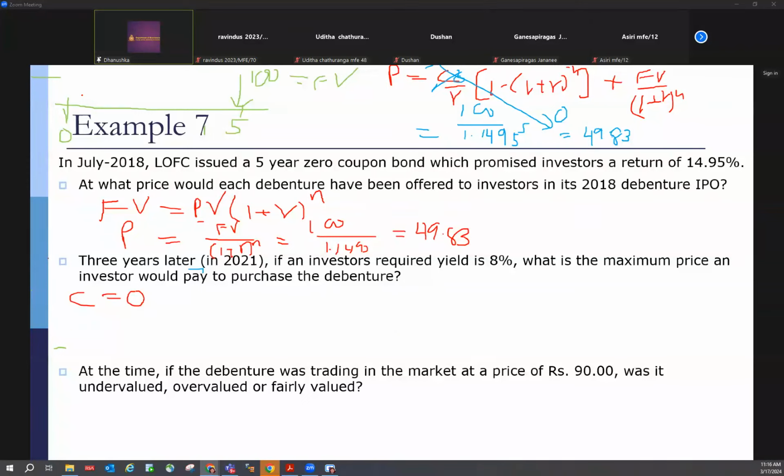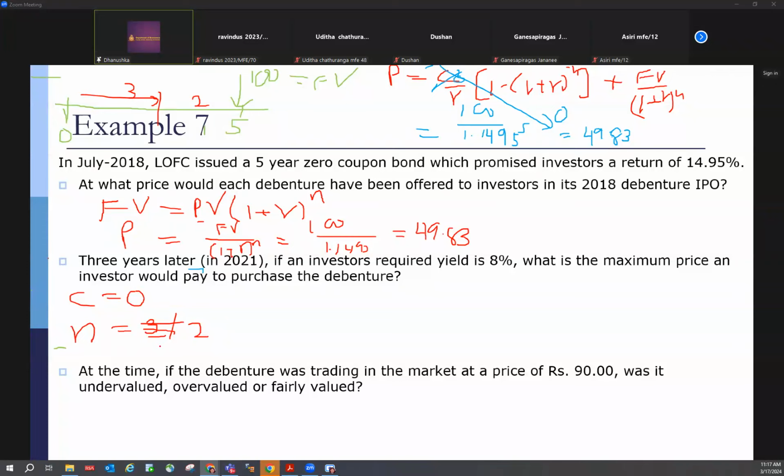We have now 3 years have passed. 2 years more to go. So what is N? Is N 3 or is N 2? 2. N is 2. We don't care about the past, we care about the future, right? N is 2, remaining time to maturity.